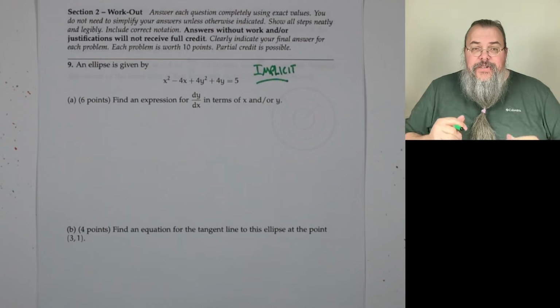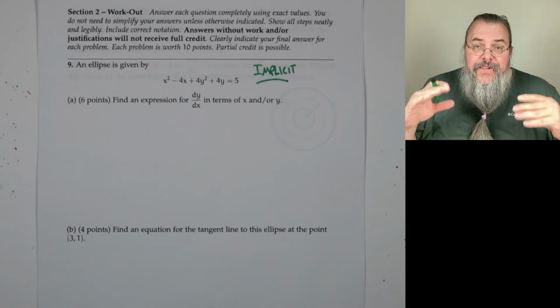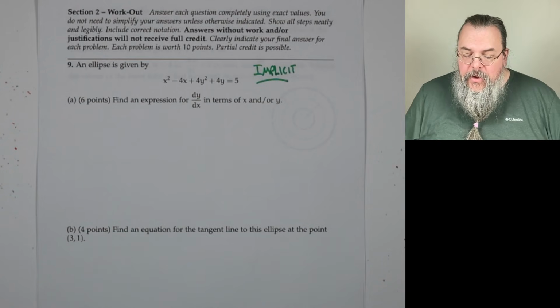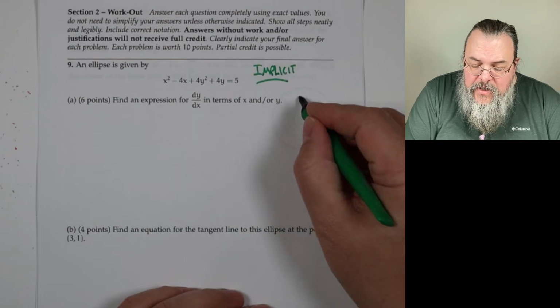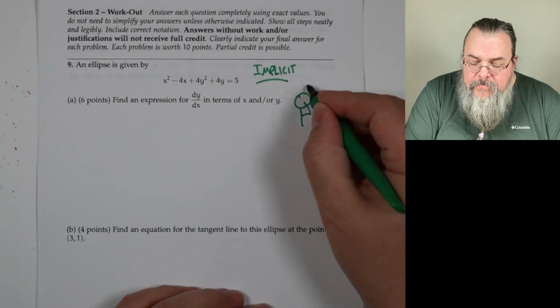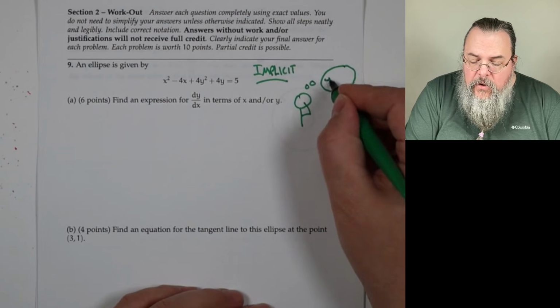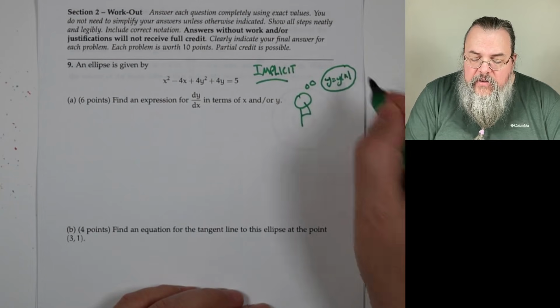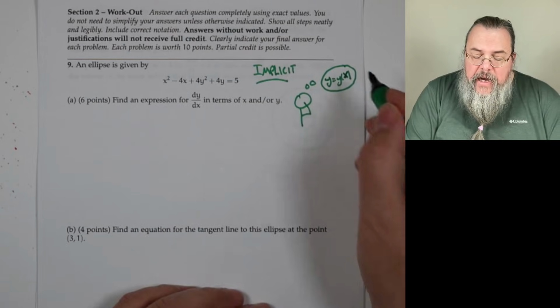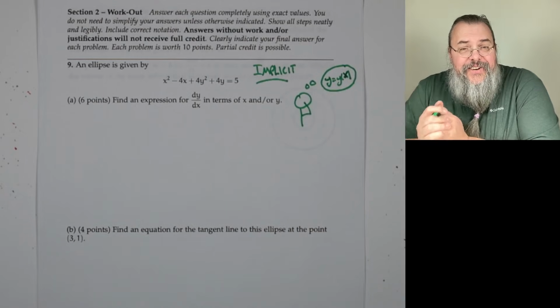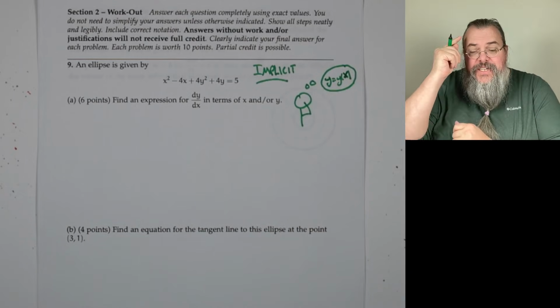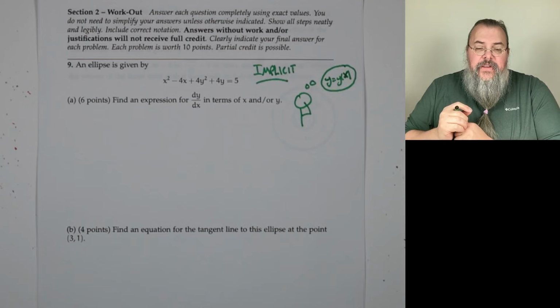Now, how does one solve a problem that's an implicit differentiation? Well, the answer is we imagine that we do have y as a function of x. So that's the key. We say, I don't know what that function necessarily is, but I imagine that it does depend on x.